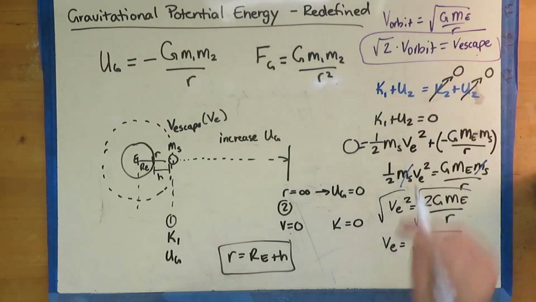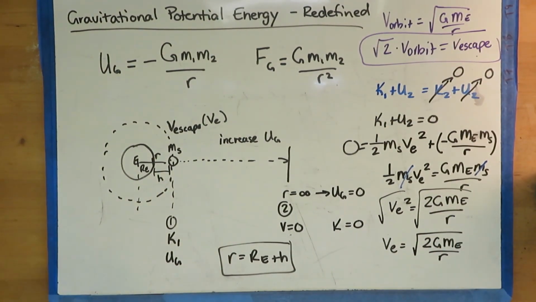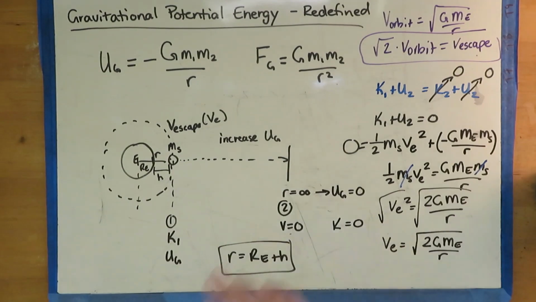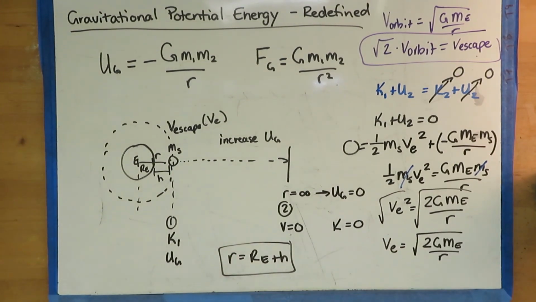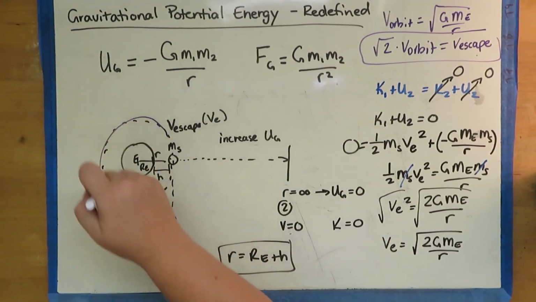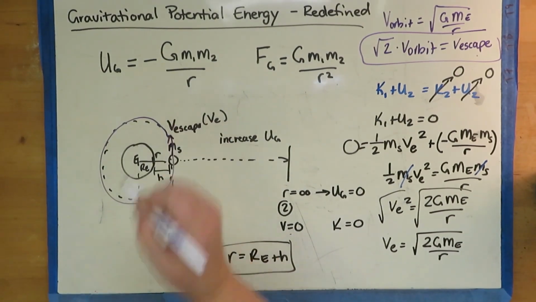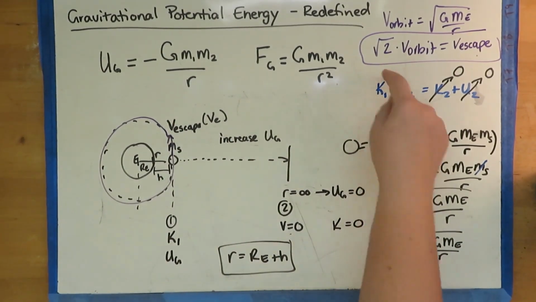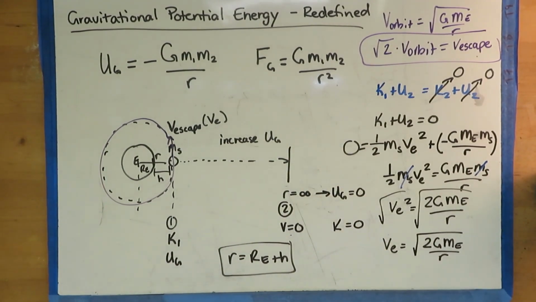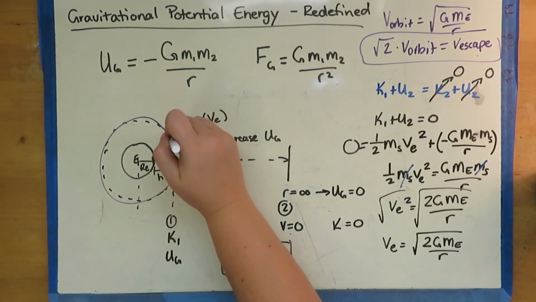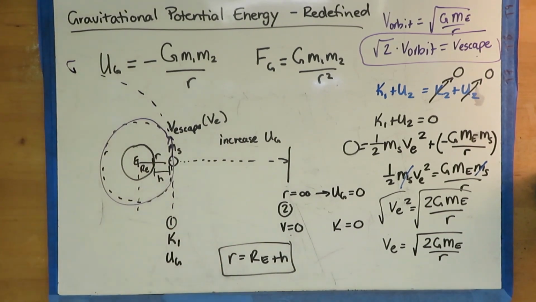So there's actually a mathematical relationship between the orbital speed and the speed that you need to escape. So if I was in an orbit here and then I engaged thrusters, I would need to engage thrusters in a way that I reached a speed that was square root of 2 times larger, and then I can escape that orbit and continue on to outer space.